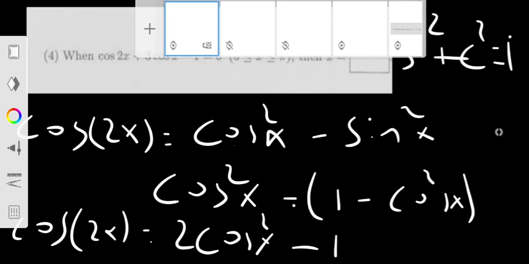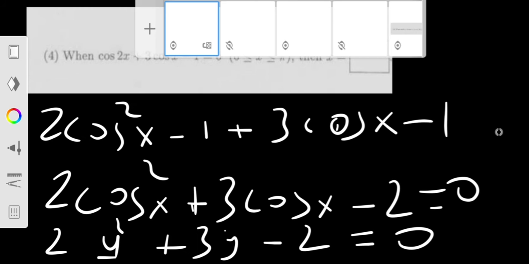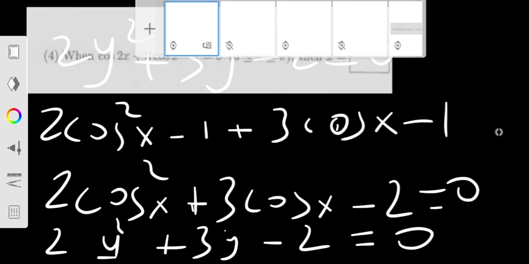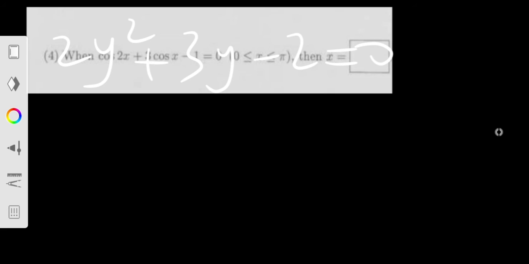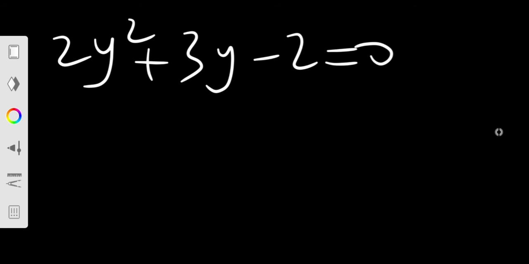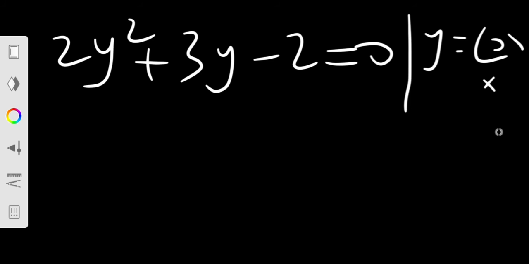Yeah, okay, so we found that 2y squared plus 3y minus 2 is equal to 0. Okay, remember, y is just cos of x, okay? So this is our condition.